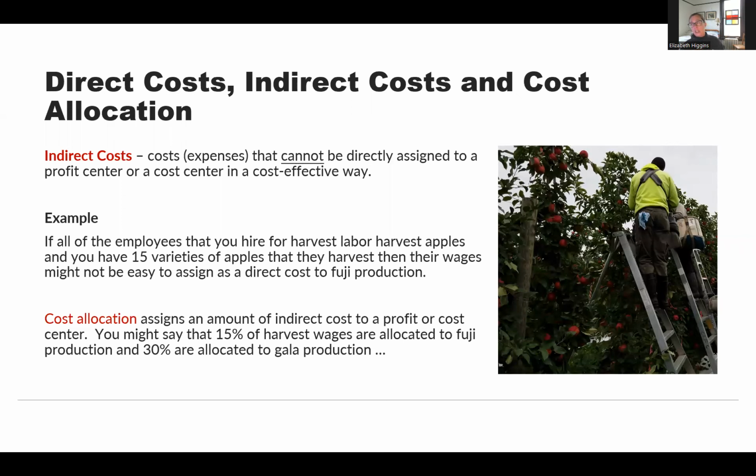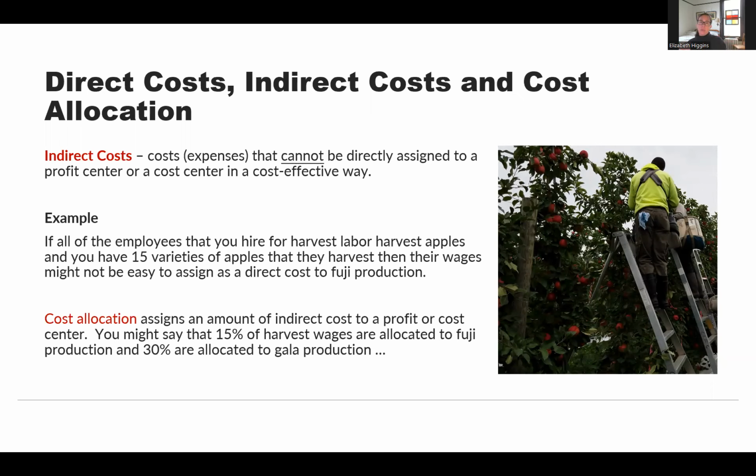Those strategies can vary. The more information you have about how those costs should be allocated, the more accurate that allocation of indirect costs will be. In some cases, you're just making a guess, and maybe it's just 10% to everything, right? You really don't know, so you're going to spread it out.